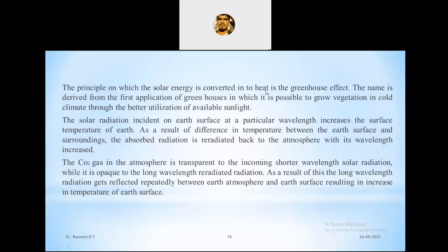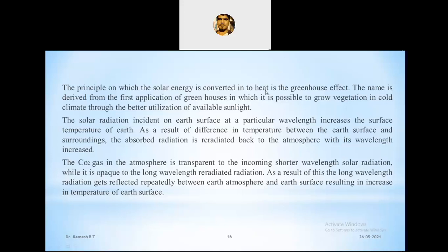CO2 does not absorb incoming sunlight, which has a shorter wavelength. It means CO2 absorbs only the longer wavelength. It won't absorb the shorter wavelength. Hence, the greenhouse effect brings about an accumulation of energy on the ground. So on the ground, there is more energy accumulation when compared to the top of the atmosphere.